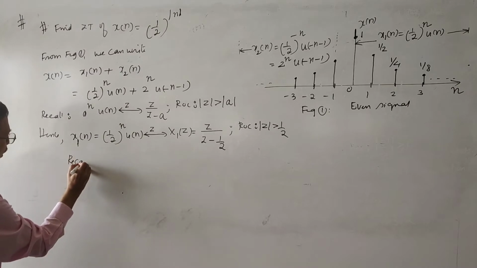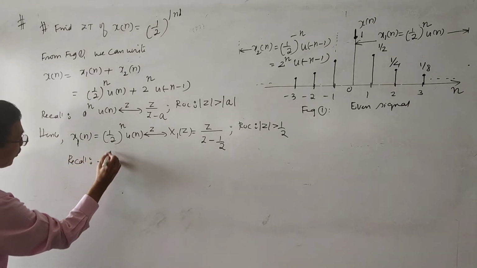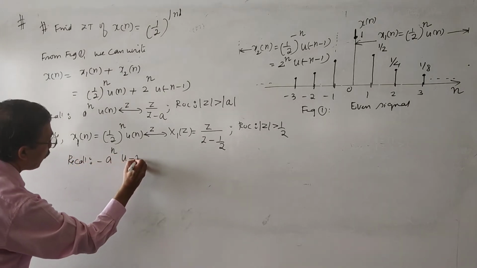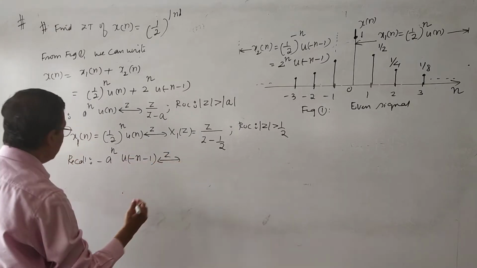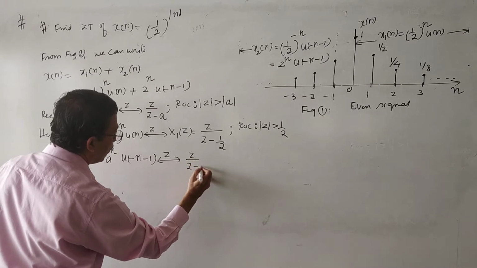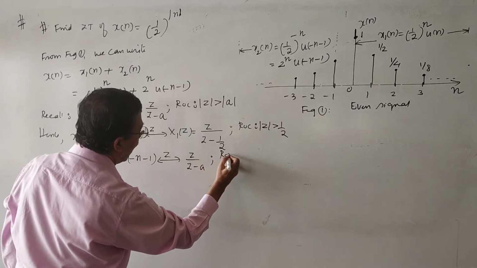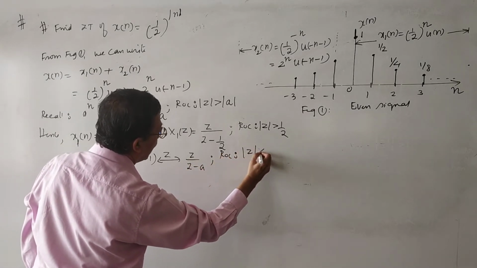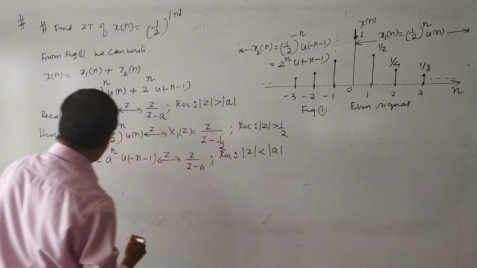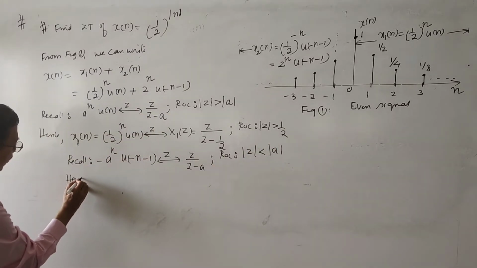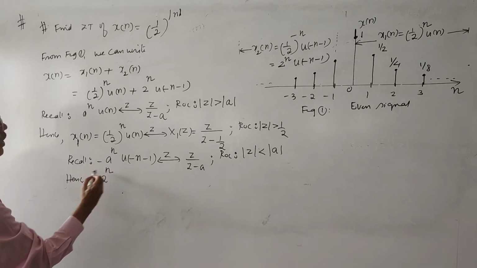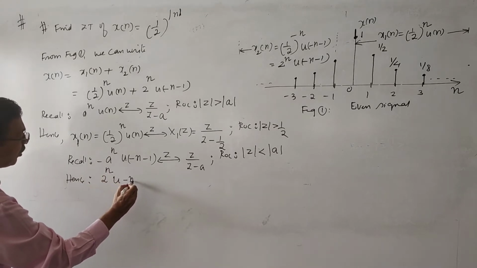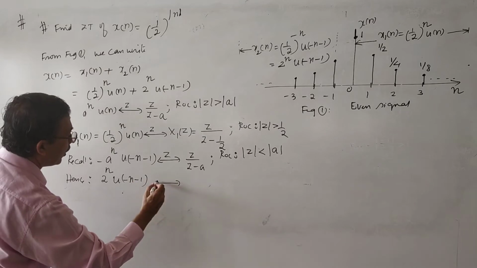Recall, minus a to the power n u of minus n minus 1 has a z transform z divided by z minus a, ROC mod z less than mod a. Hence 2 to the power n u of minus n minus 1 has a z transform.